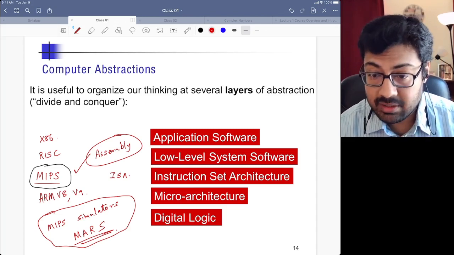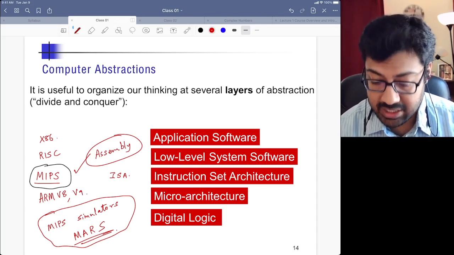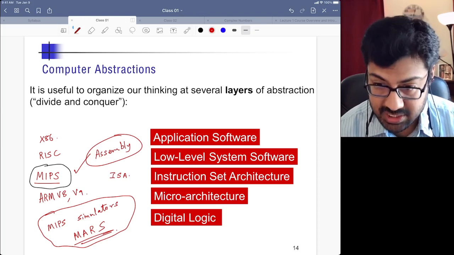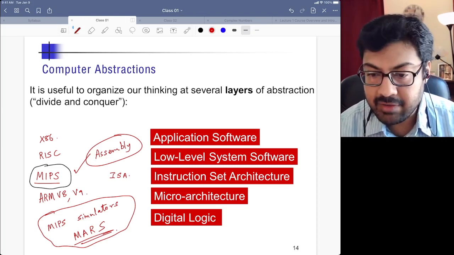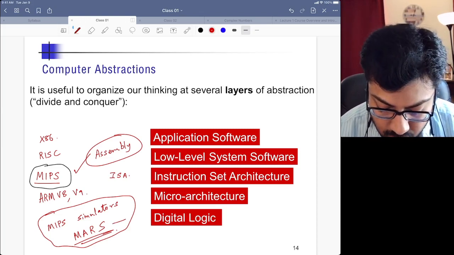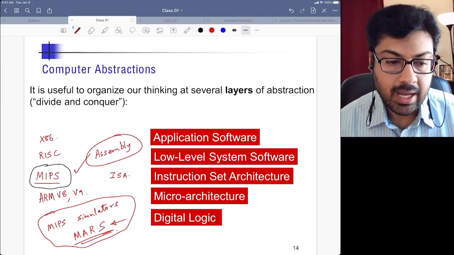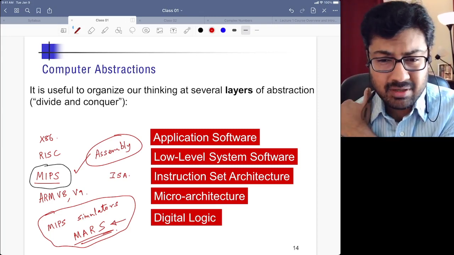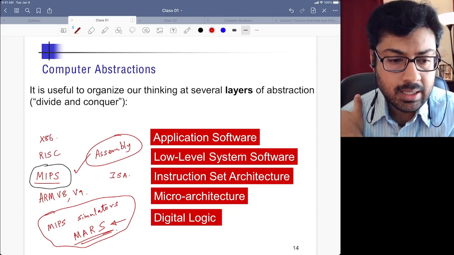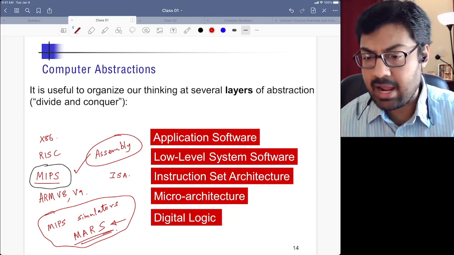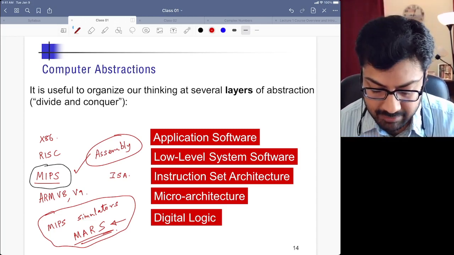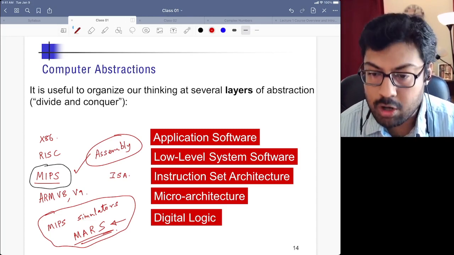Don't pay any money for it. There are free simulators out there, very good ones as well. So if you don't want to search around, just go for Mars. I'm not sure whether they have a Mac version. Oh, Java runtime. Yeah, sure. You should be able to do it on all platforms.